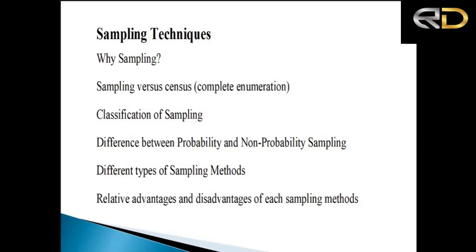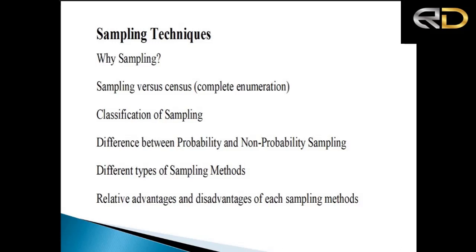Now there are two types of sampling in the classification of sampling: probability sampling and non-probability sampling. What is the difference between the two? Whenever a unit from the population is taken into the sample through some law of probability, the technique is known as random sampling.